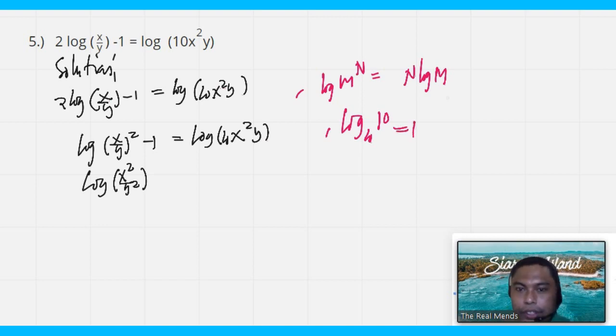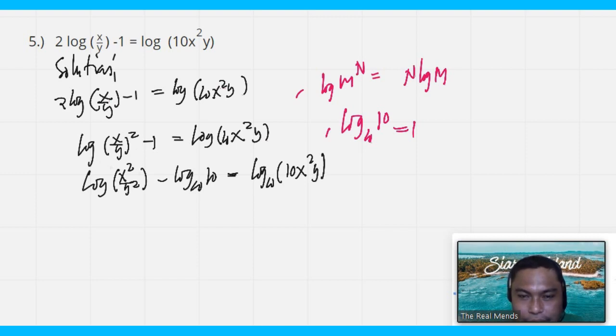So therefore this value negative 1, I can replace it with log base 10 of 10, and the other side will be log of 10x squared y.